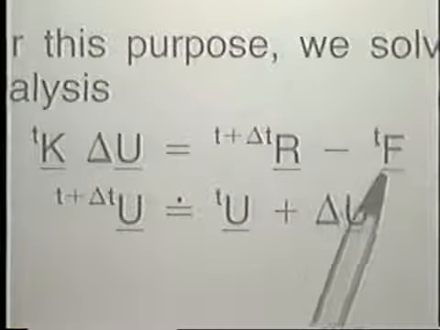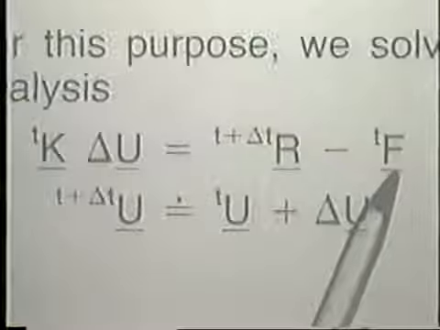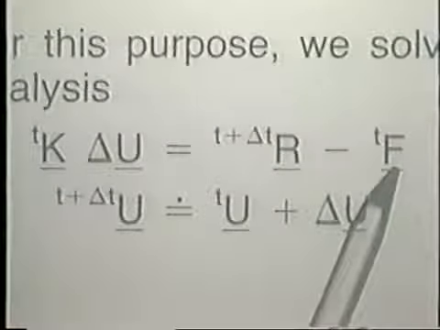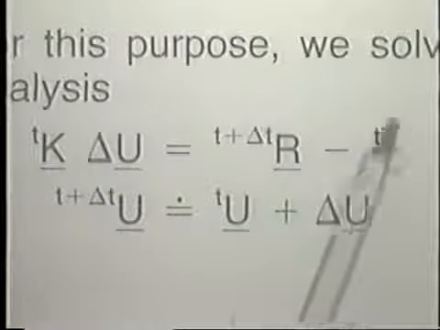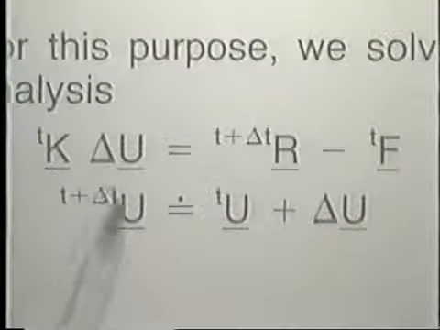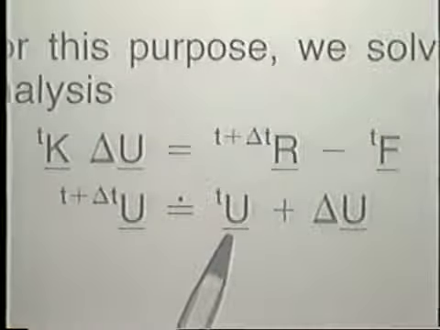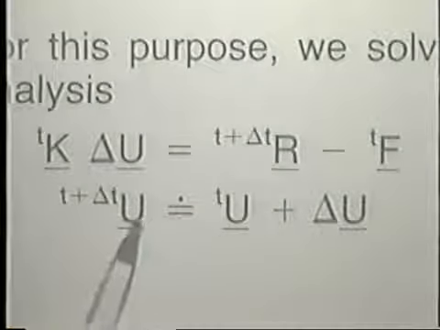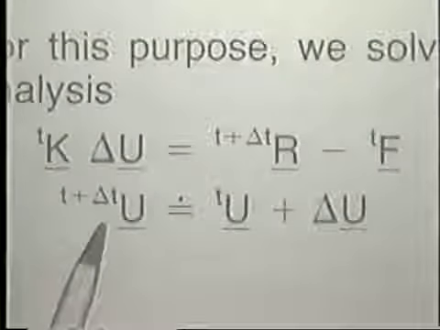And here Tf is the vector of nodal point forces that correspond to the internal element stresses at time t. Notice this is an out-of-balance load vector, and this out-of-balance load vector gives us an increment in displacements. This increment in displacement is added to the displacements at time t, and that gives us a displacement vector corresponding to time t plus delta t.